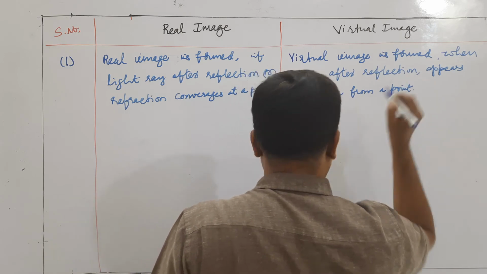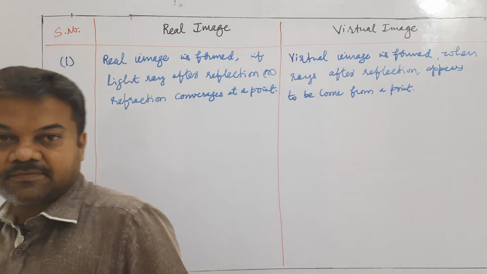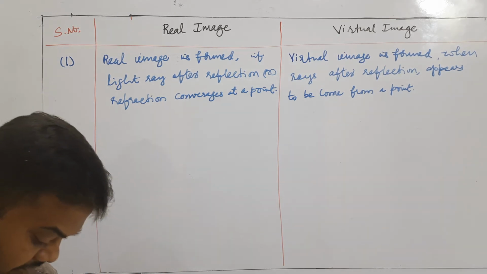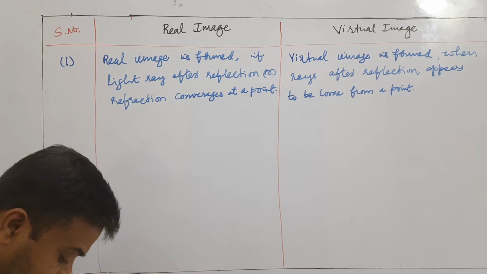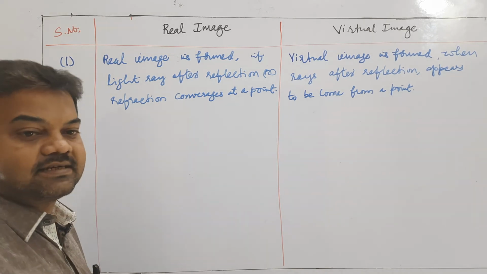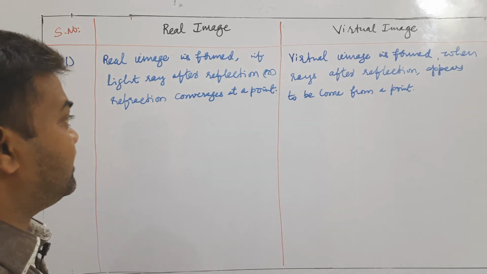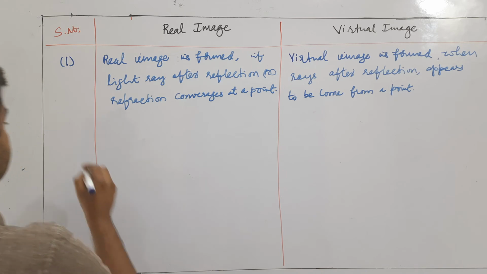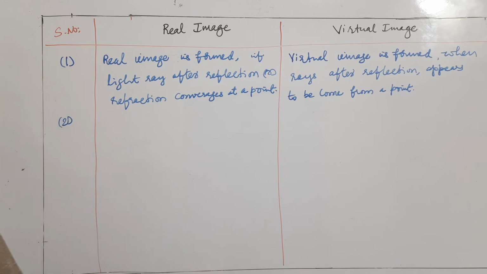This is what we have as a virtual image. Like this we have two images, real image and virtual image. Already we have seen some cases, in which we discussed where the real image is formed and where the virtual image is formed. Okay, this is what we have as two differences.